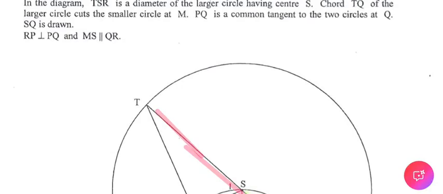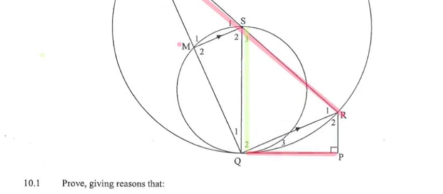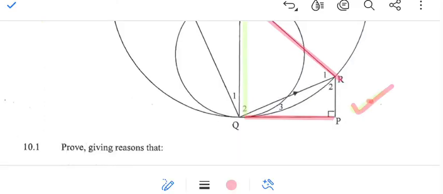RP is perpendicular to PQ and MS is parallel to QR. Have a look here, there is 90 degrees, and MS is parallel to QR. RP is perpendicular to QP here.